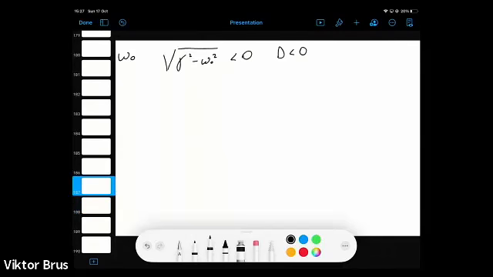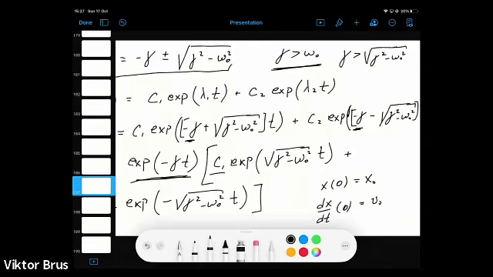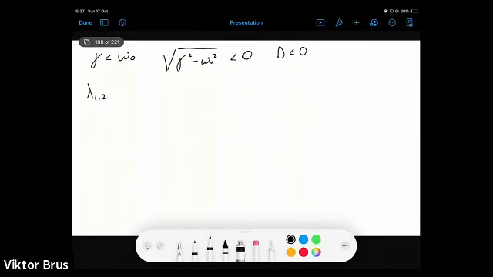how it was, minus gamma plus minus square root gamma square minus omega naught square, will be... sorry, not exponential.